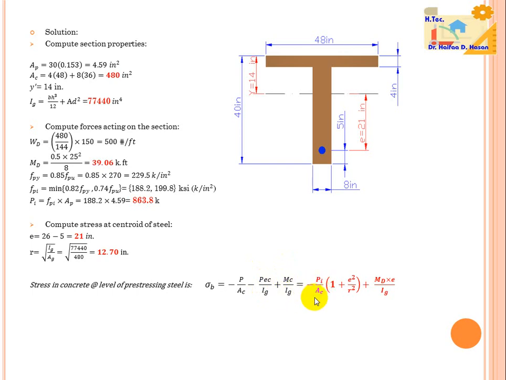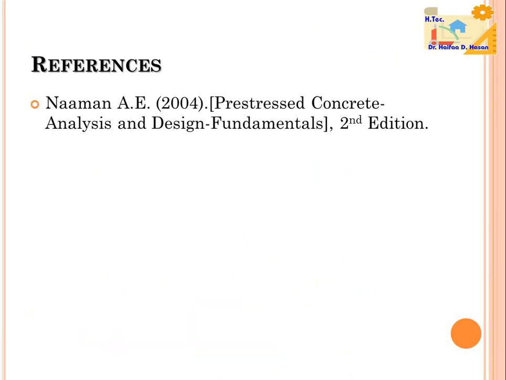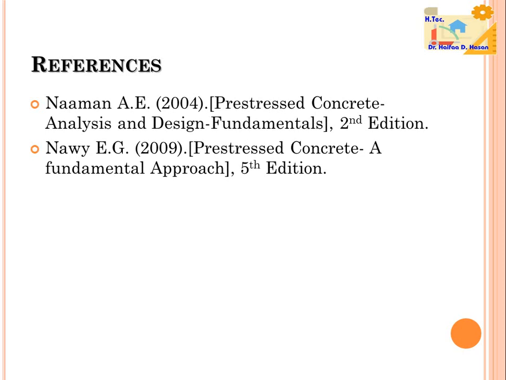And also we can find this equation in another shape, same as this one. And finally, the stress in the concrete at the level of pre-stressing steel equals negative 6.593. Thank you.